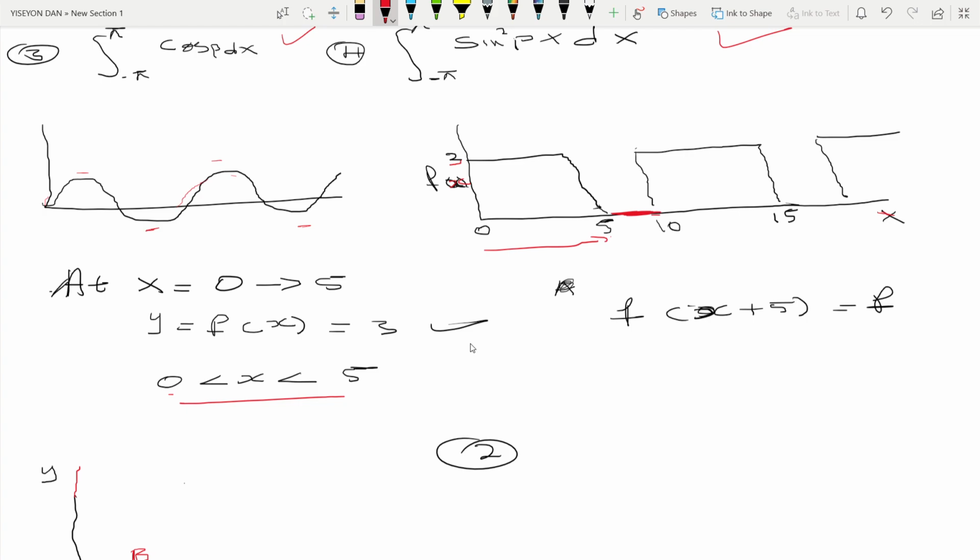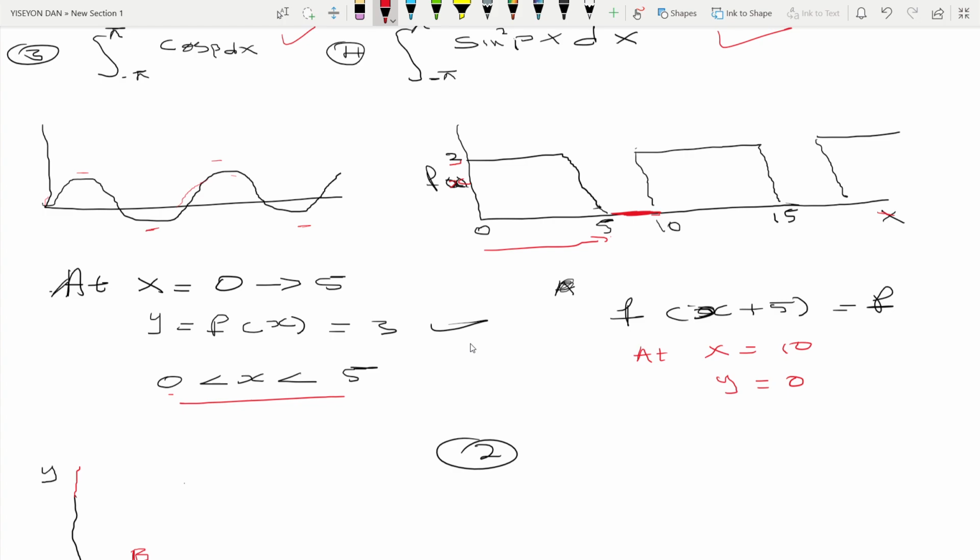So at x equals 10, what is going to be the value of y? Now the value for y at x equals 10 is equal to 0. The reason is that you can see we have an open region here, so the value for y is equal to 0. And of course we have different ways of determining this. You can use the line equation to determine this, and you still arrive at y equals 0.